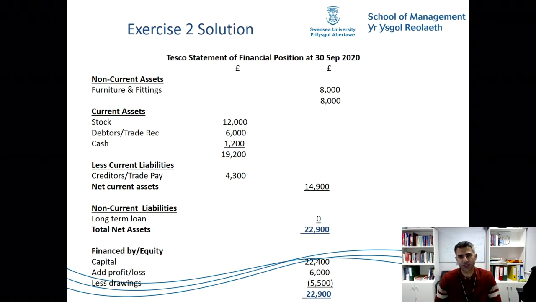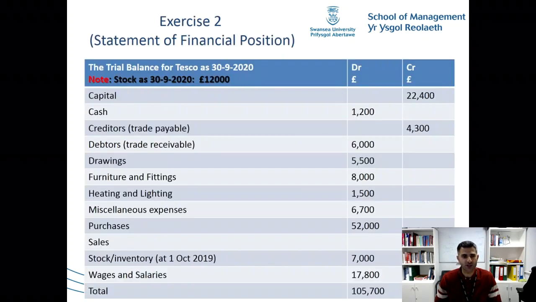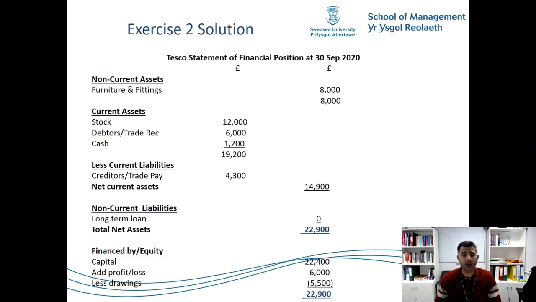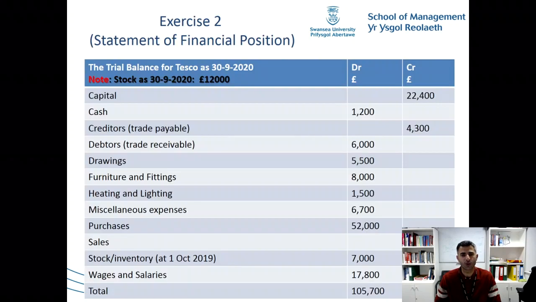Again, then you move to current assets. If you remember in the question, we have a stock, but we did say we need to use the closing stock and not the opening stock, which you can find at the top of the question.